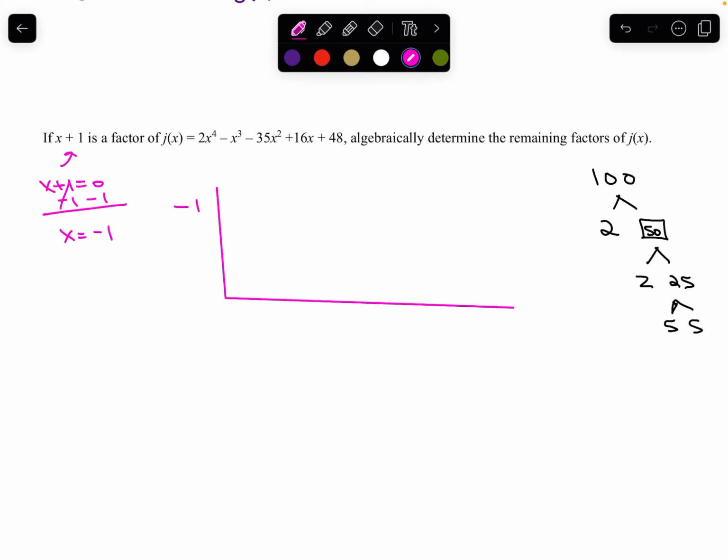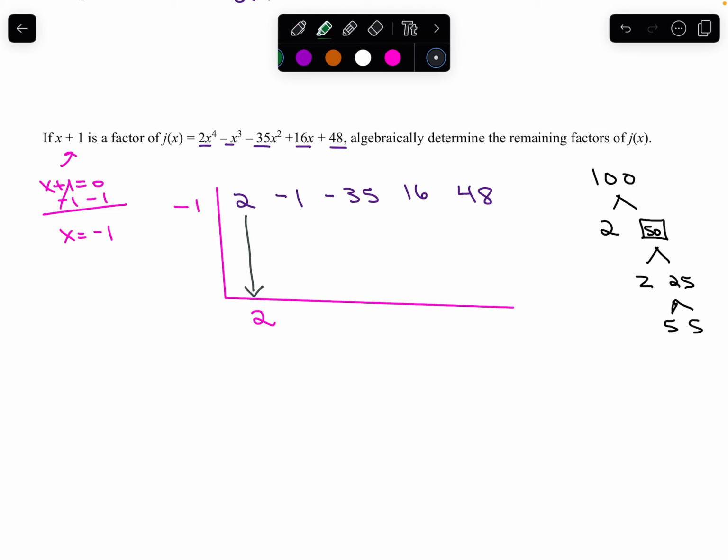Now I'm going to take the coefficients of my polynomial and list them here. So I have a 2x to the 4th, -1x to the 3rd, -35x squared, 16x, and 48. Okay. Now I'm going to start my synthetic division. To start, I'm going to bring down my first term, which is a 2.